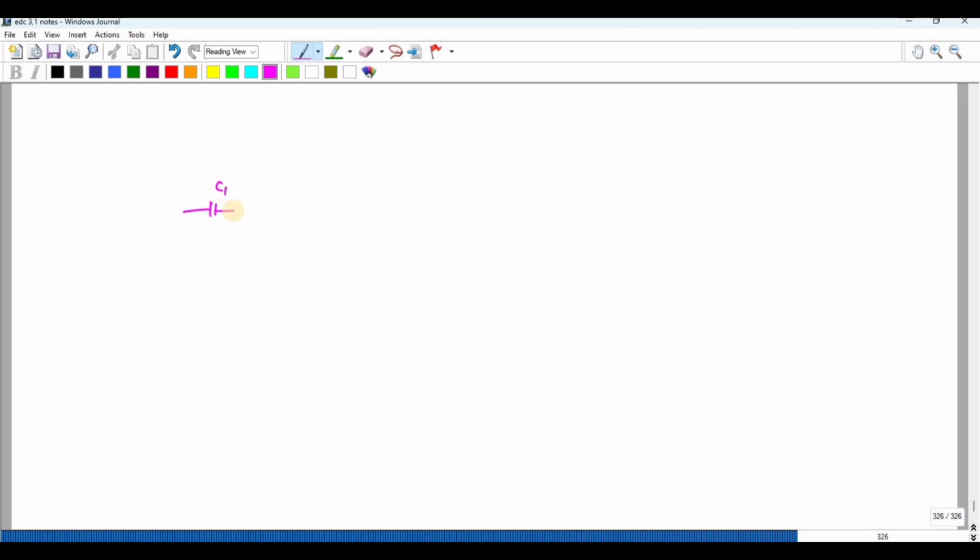Consider the circuit. This is 5:1. The Q value of this parallel resonance circuit is more than 10.